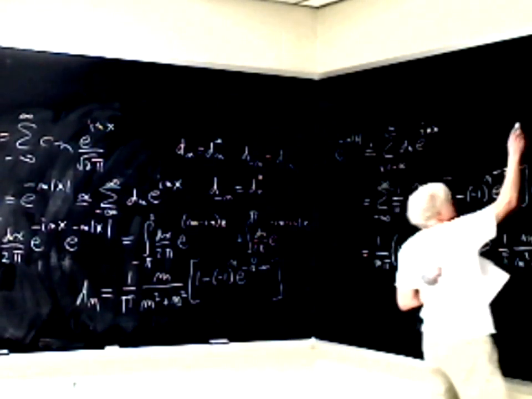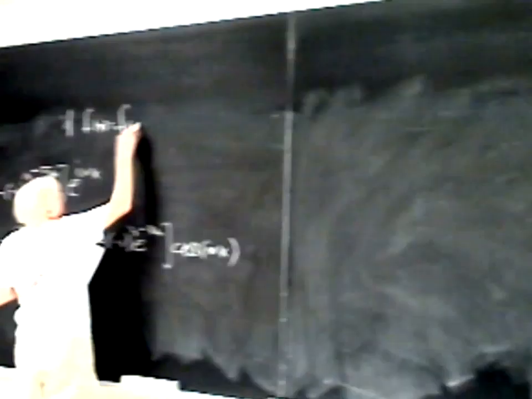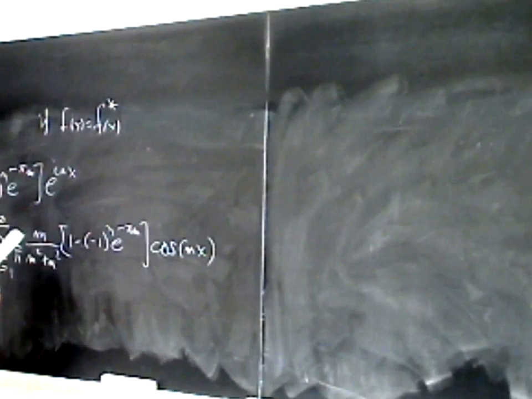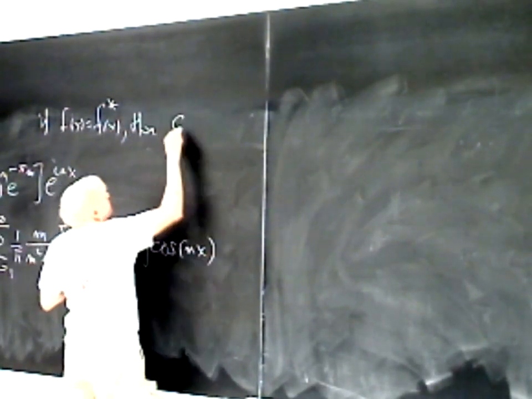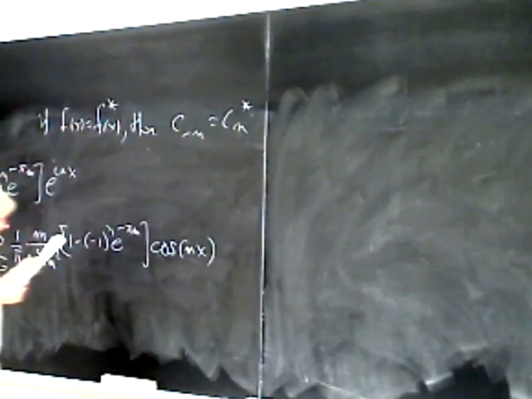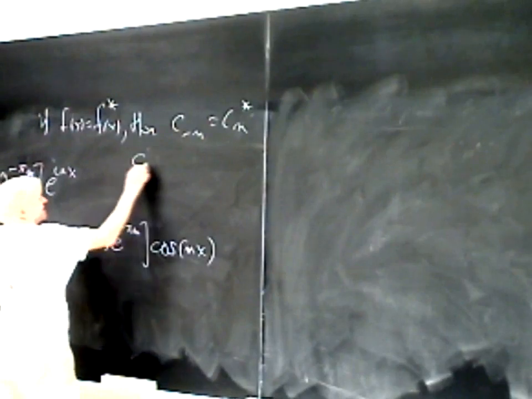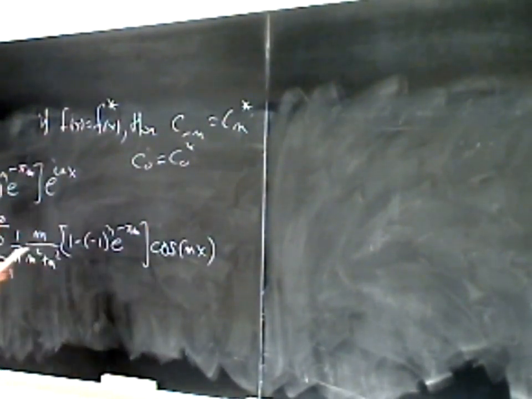So if the function is real, so f and f star are the same, then as we've seen, c sub minus n is cn star. And in particular, C0 is C0 star. So C0 is real.